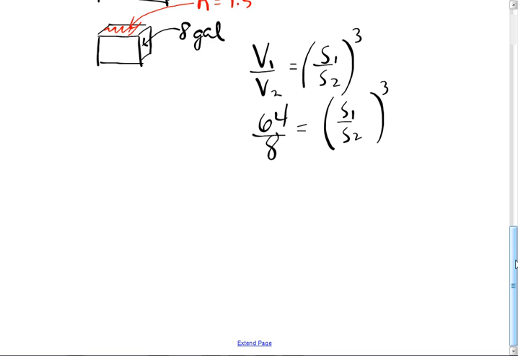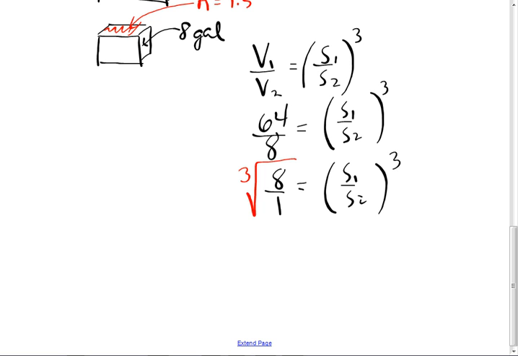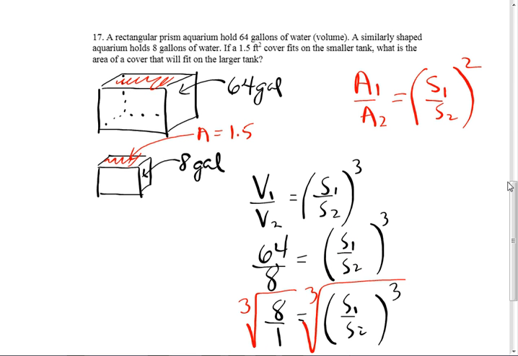What's 64 divided by 8? So it's 8 over 1 equals S1 to S2 cubed. So it's just 2. How do you undo cubing? You cube root. That's right. So this is 2 over 1 is the ratio of my sides. It's a two-step problem.